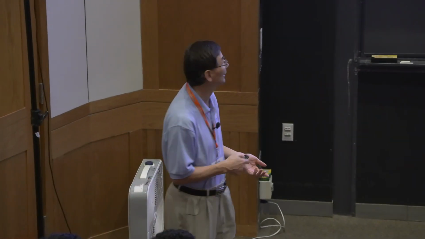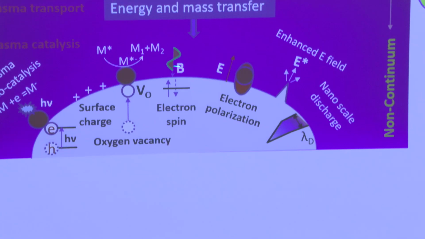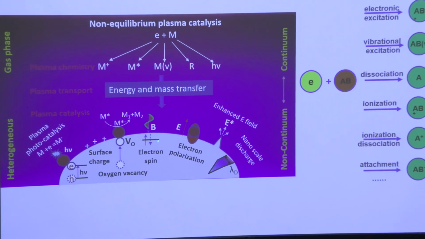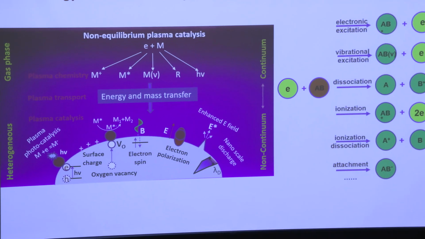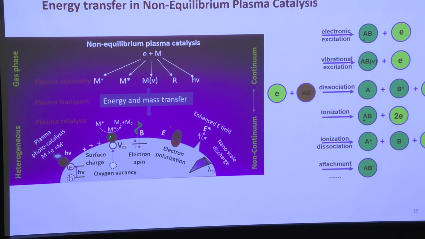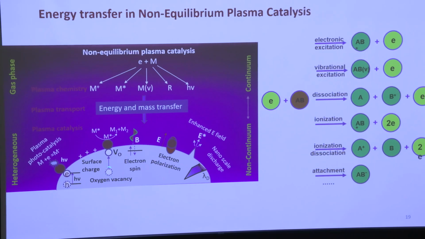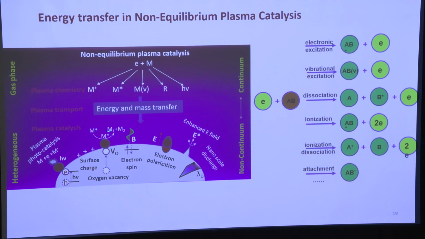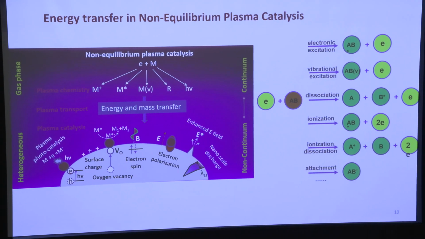But if you have a strong electromagnetic wave, you could flip the spin and make some reactions possible. You can also generate oxygen vacancy transfer that can enable new reactions on the surface.